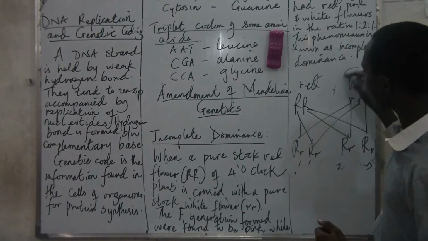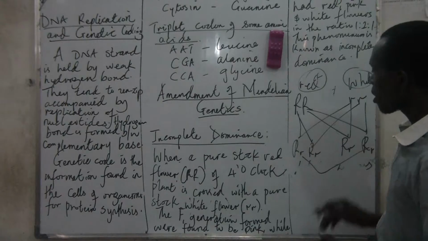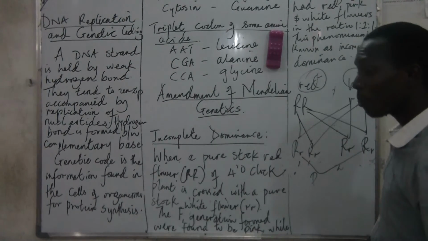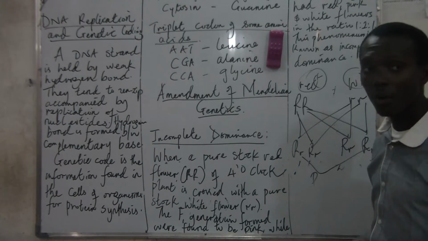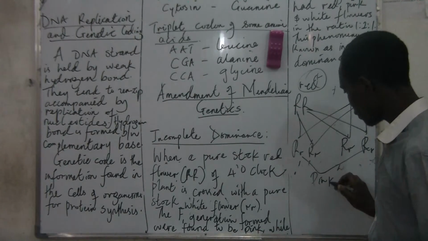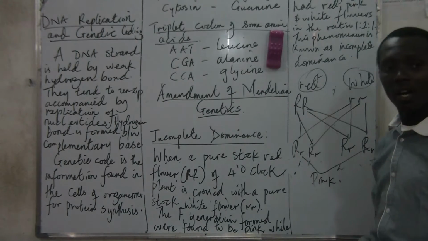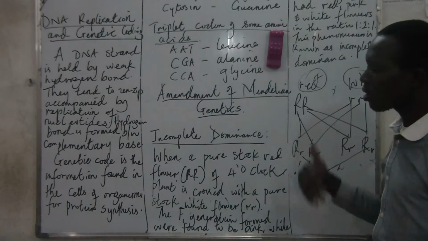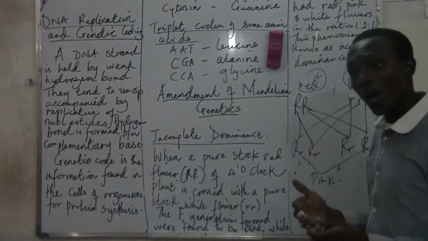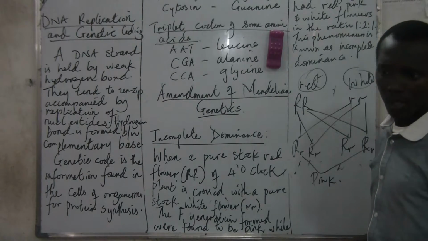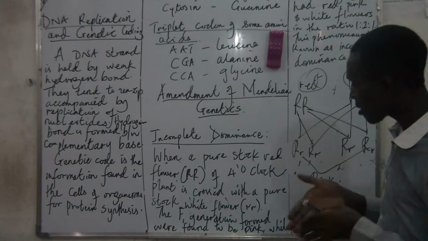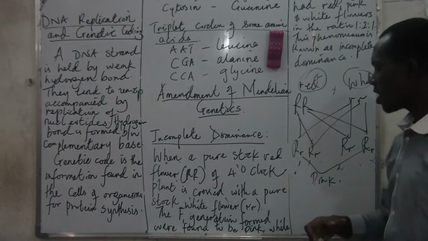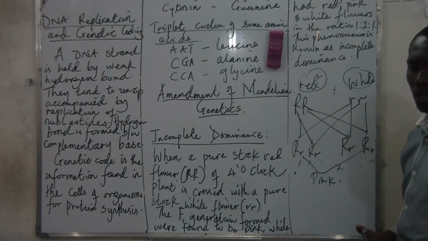Homozygous white. When this crossing was made, it was found that the crossing produced 4 heterozygous offspring, but this time the color that was formed was not red, neither was it white, it was pink. And pink is an intermediate between what? Red and white. So we said this was incomplete what? Dominance, meaning the white is still there, the red is still present in the same flower. So both of them are sharing dominance, and that's why you have a pink color, an intermediate between red and white.